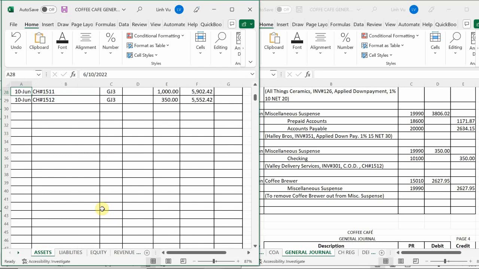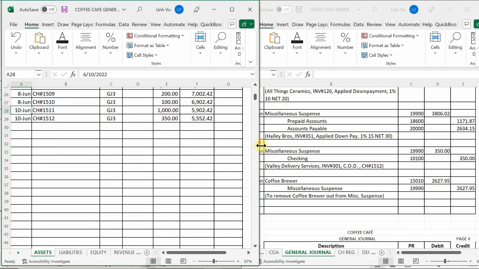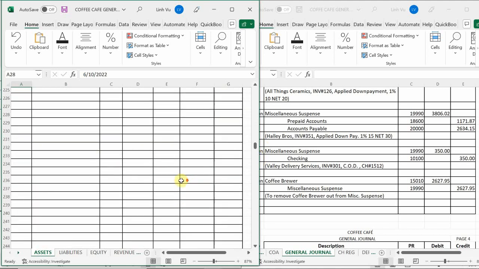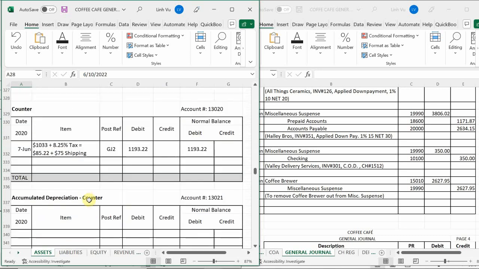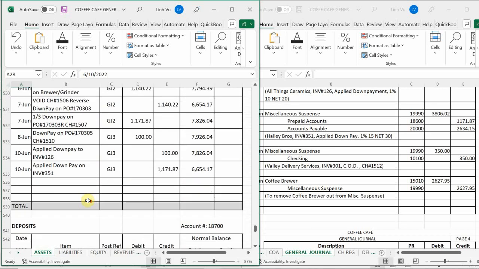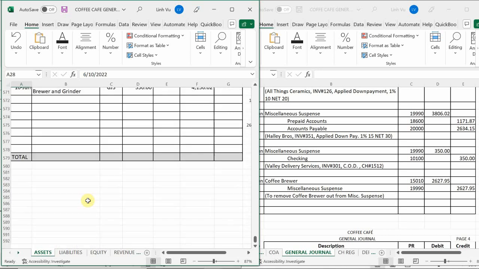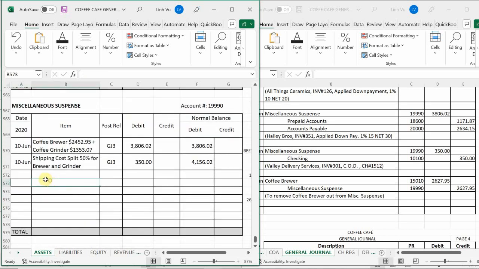Since I'm already in my ledger accounts, I'm going to go ahead and complete it from here. So miscellaneous expense. Today is still the 10. And we're going to remove the coffee brewer.